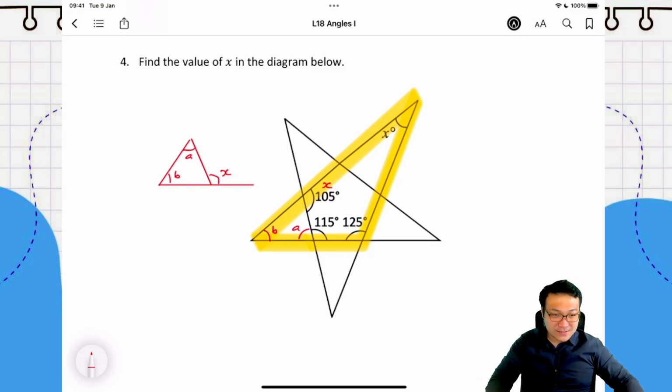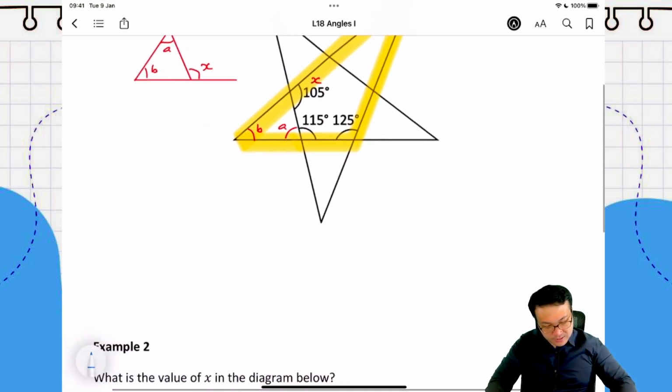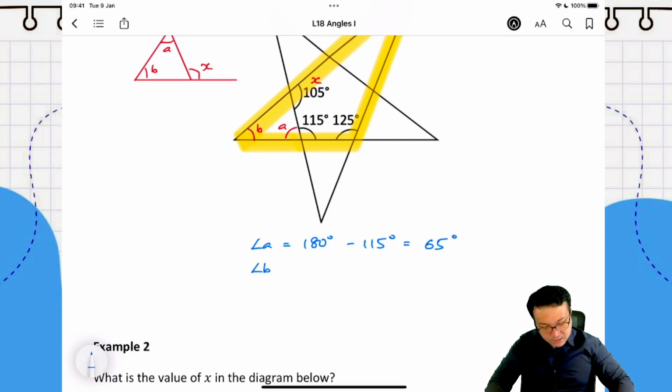Alright, students. So let's take a look at how to find angle B. So, okay, let's find angle A first. Angle A is very easy. It's just a straight line. So you minus this, you get 65, right? Then, in order to find angle B, you just need to take the exterior angle minus away angle A. Then you will get 40.